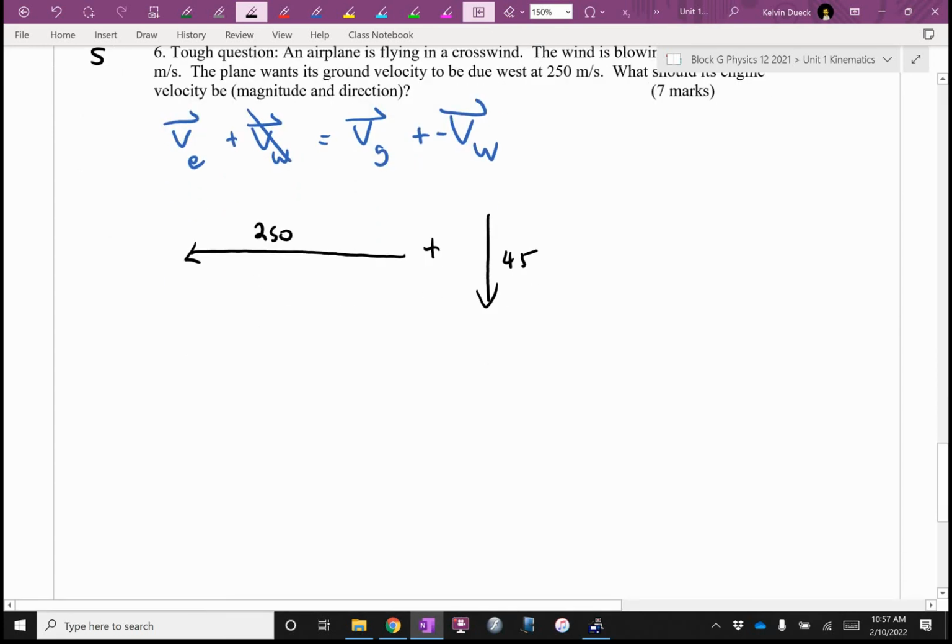Okay, I can add these together then. This is going to end up being 250 plus 45. There's the engine velocity.